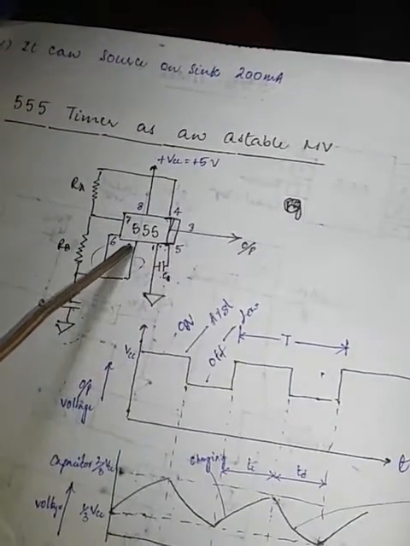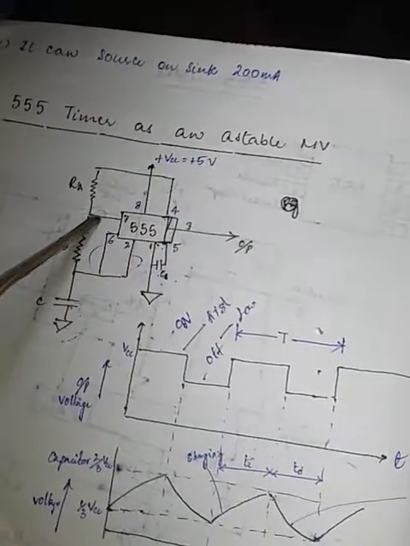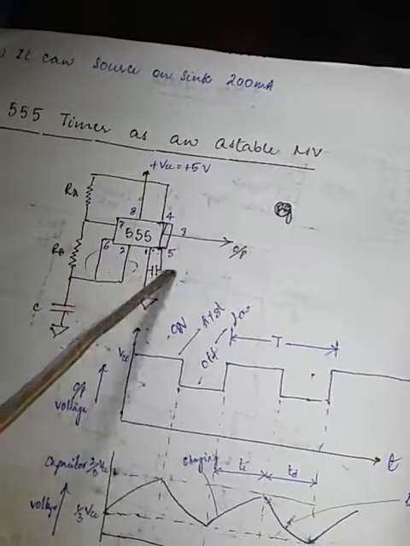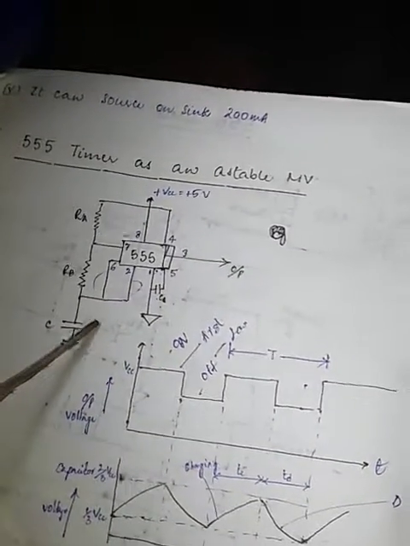Let us look at the pins: one, second, third, fourth, fifth, sixth, seventh and eighth. This is the VCC supply voltage, we have resistances RA and RB, and 2 capacitances which, as you all know, store charge.